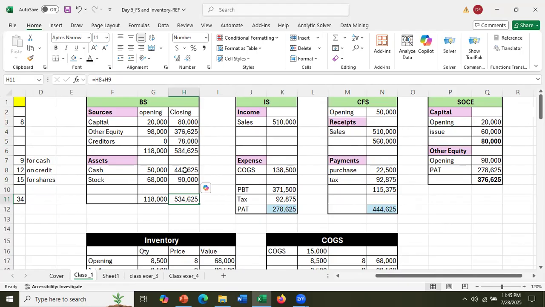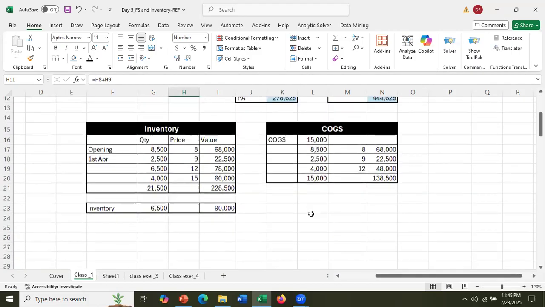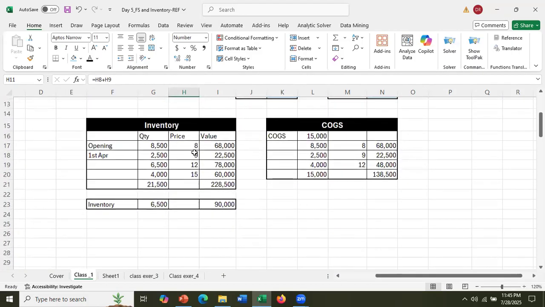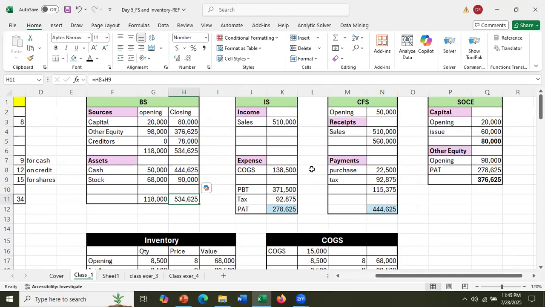So through this example, we have seen two things. One is Ind AS 2, which explains the measurement of inventory and the measurement of COGS. And Ind AS 1, which shows the template for the financial statements: balance sheet, income statement, cash flow statement, and the statement of changes in equity.